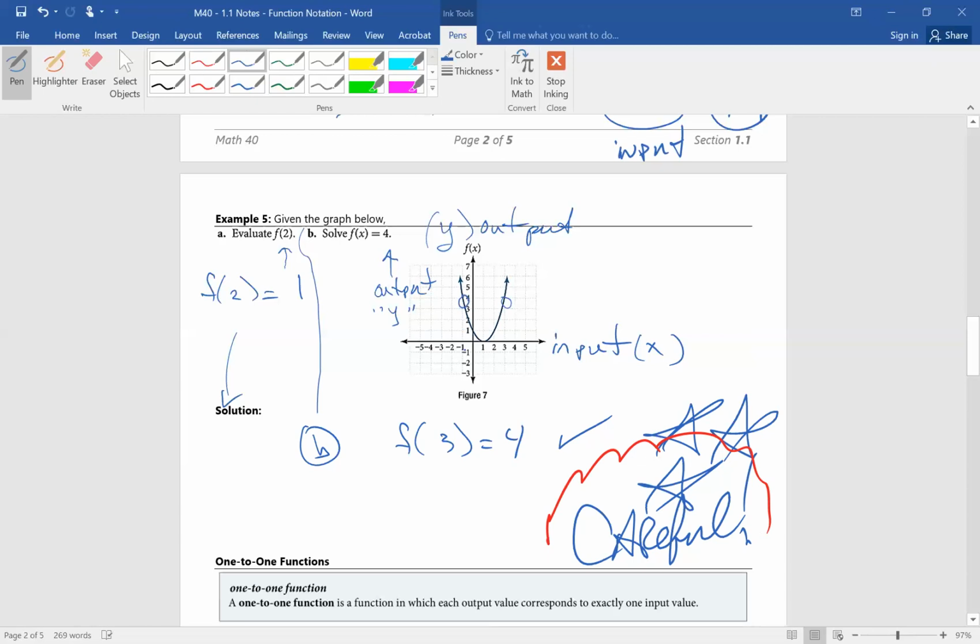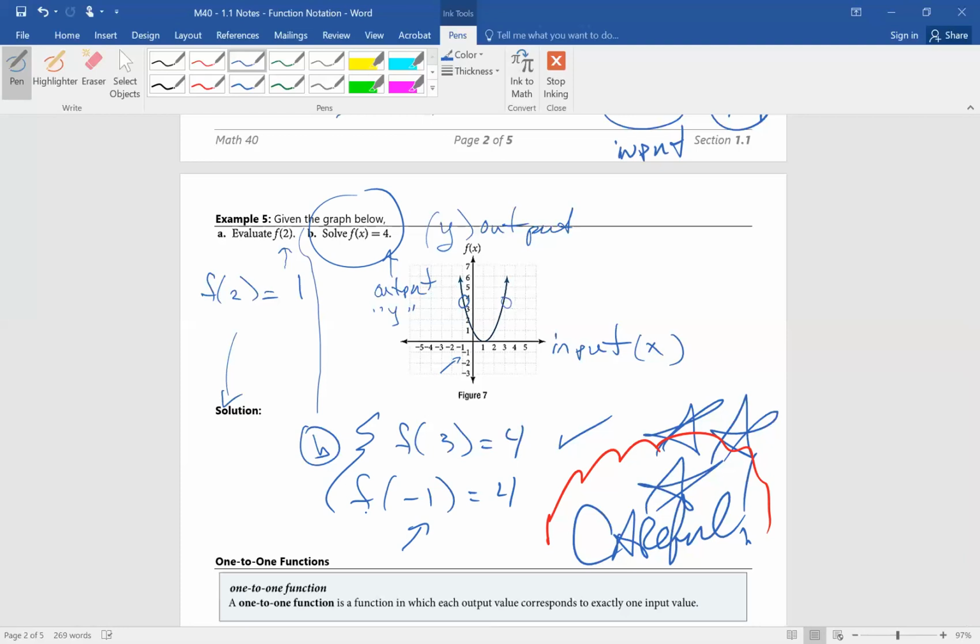If you look down at -1, that's also an answer. If I say, hey, I plug in -1, my answer is also 4. And the solution to this question for part B is both of the answers. If you only answer one, it's not correct. So make sure that you got that down.